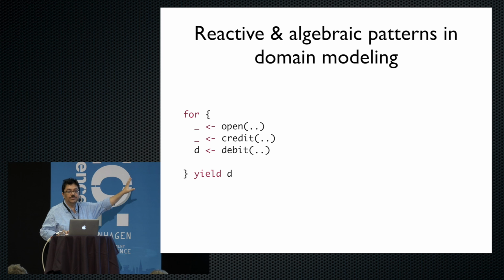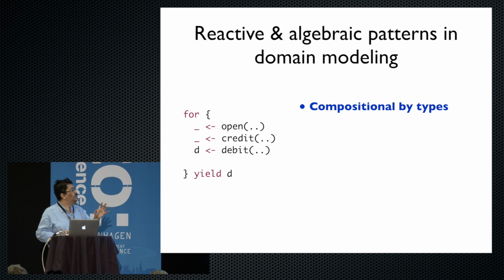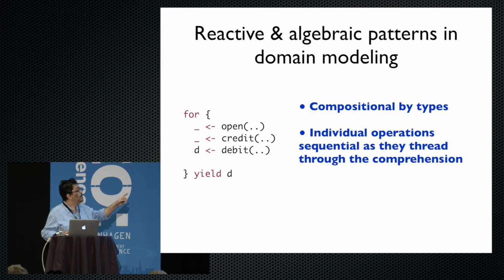Now also we can compose our smaller operations to perform larger ones, despite the fact that we have enriched our algebra. So enriching the algebra in a type conformant way does not hamper composition, because the algebras align here. Compositional by types.